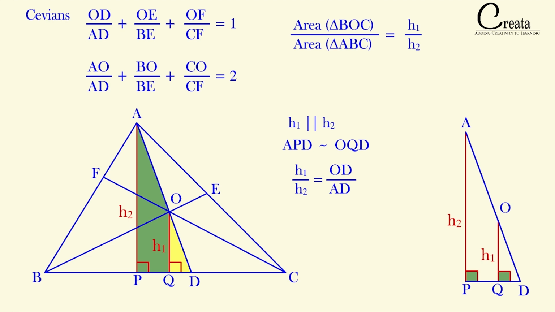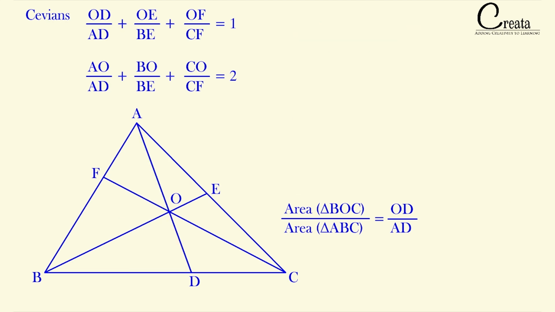Okay, we have applied the fundamental of similarity. And just now we proved area of triangle BOC upon area of triangle ABC is equal to H1 upon H2. So let's replace H1 upon H2 in our area ratio. We got area of triangle BOC upon area of triangle ABC is equal to OD upon AD. We got this equation.